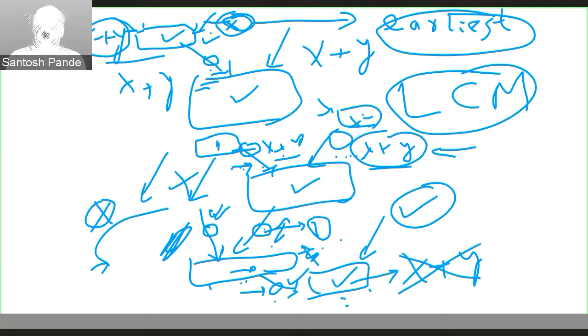But look at the left hand side, x plus y, just before the block 1 here. What is going on? We could not go above that particular point because of what? Because of the non-anticipatability. It's not anticipatable above that point.